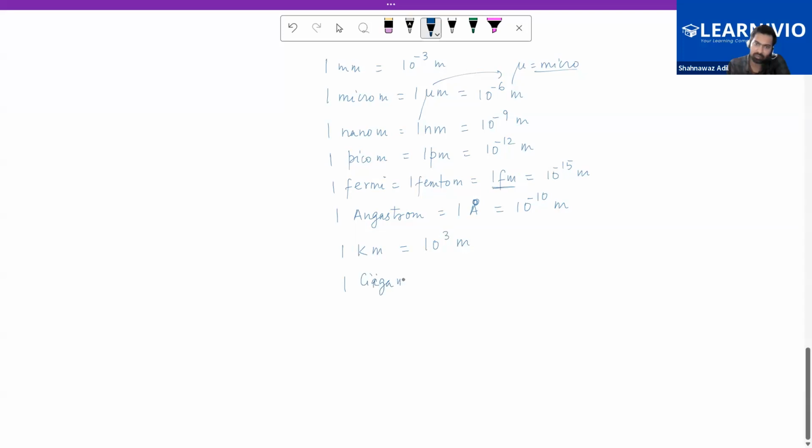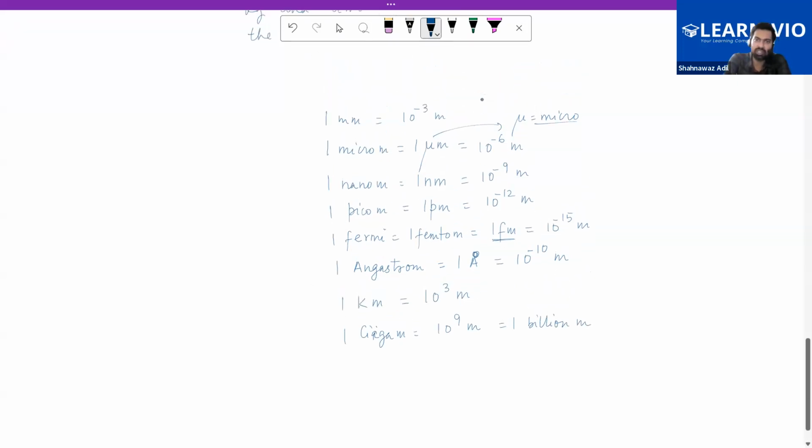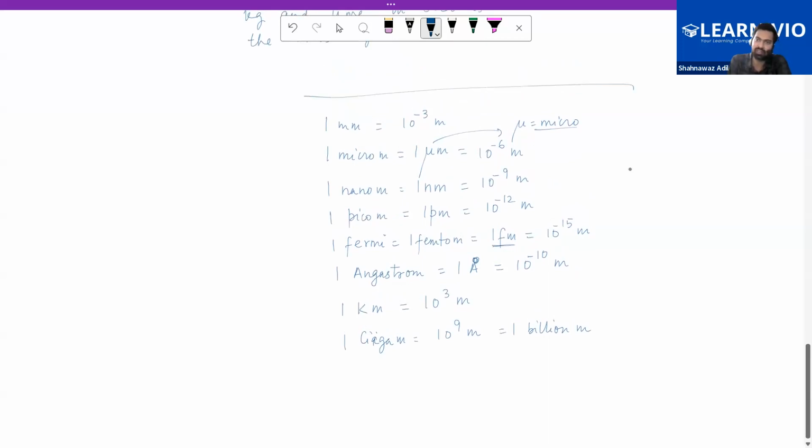Gigameter is 10 to the power 9, which is also 1 billion meters. These are particular powers that we should know. Please, these are important, so please note them down.